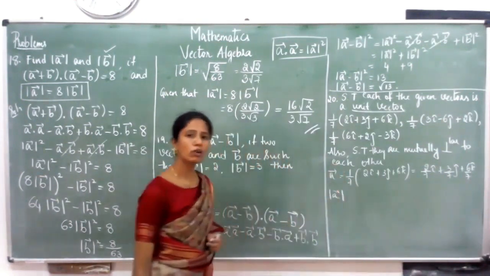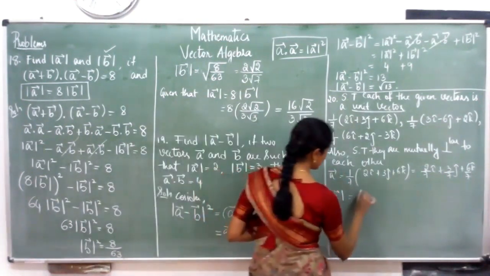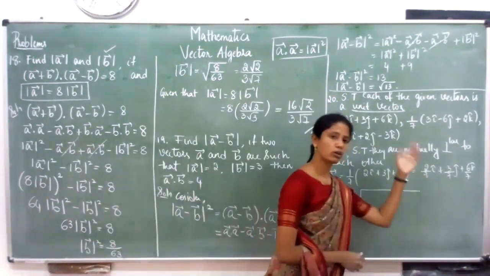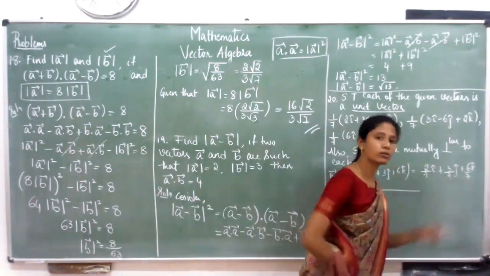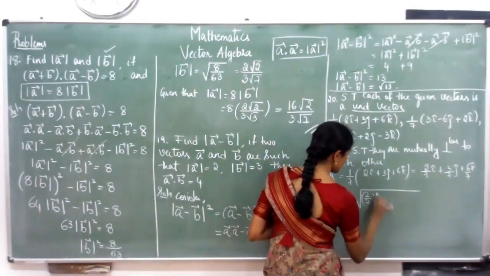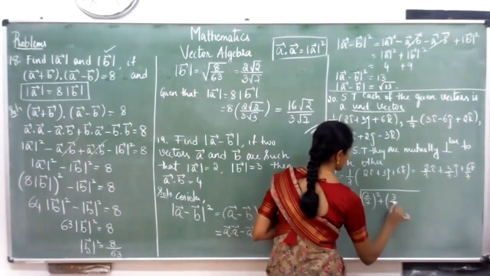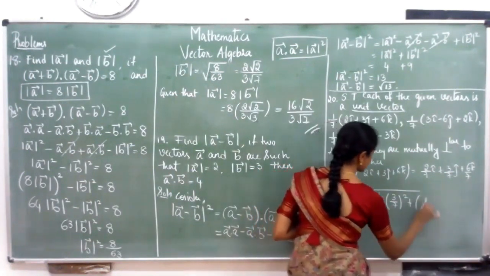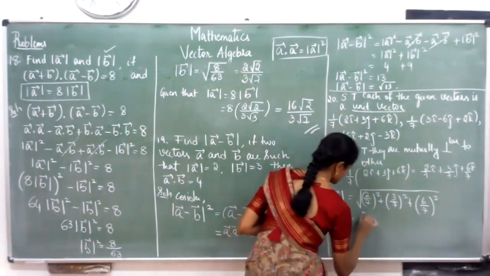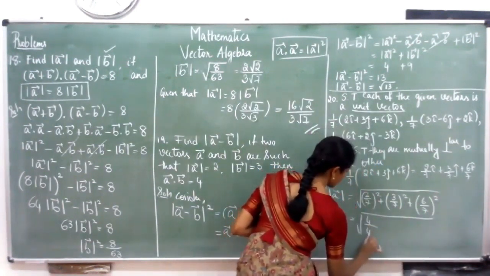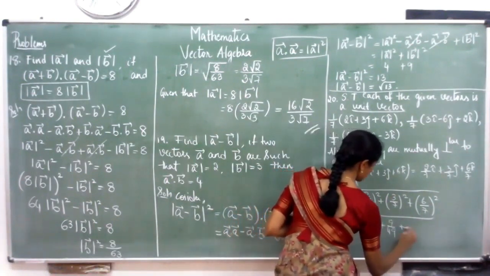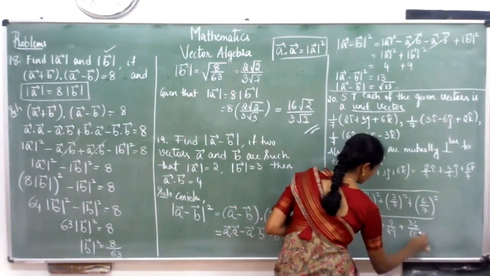The magnitude of vector A is equal to root of 2 by 7 the whole square plus 3 by 7 the whole square plus 6 by 7 the whole square. Simplifying, you will get 4 by 49 plus 9 by 49 plus 36 by 49.